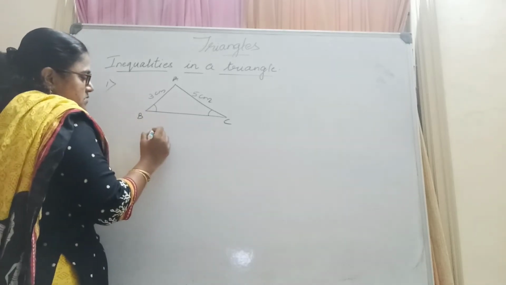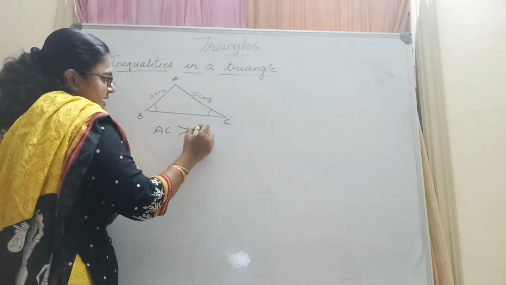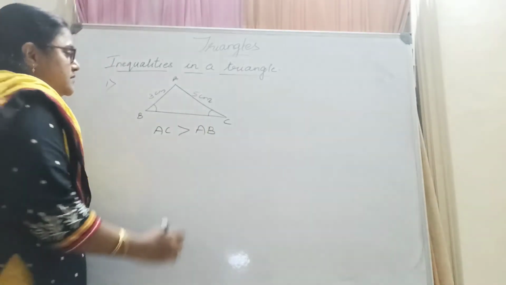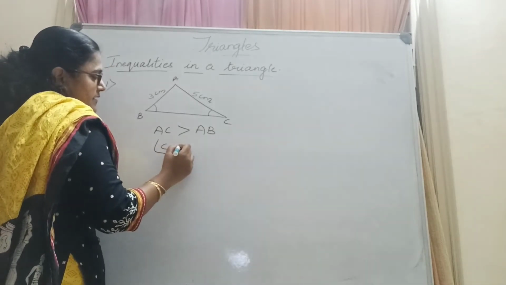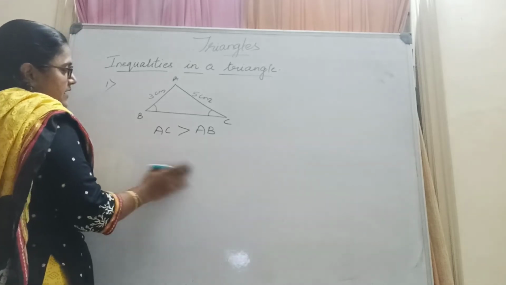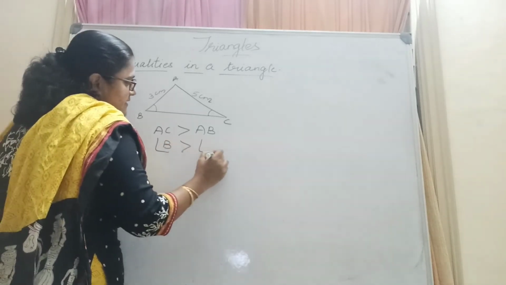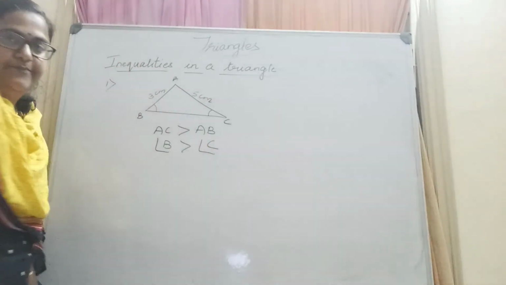Now according to this example, side AC is greater than side AB. Right? So angle C is less than angle B, or I can even write it as angle B is greater than angle C, because angle B is opposite to AC.